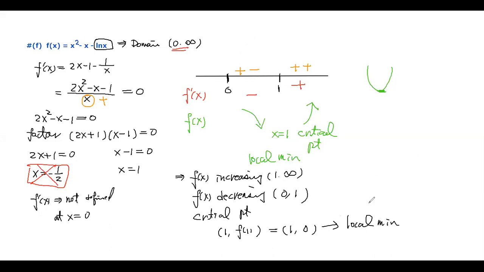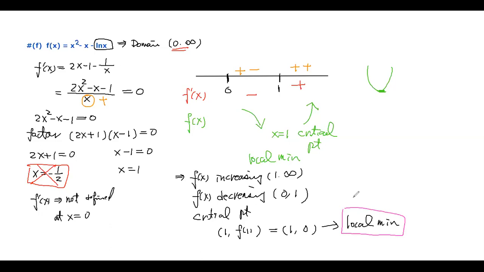And that's it. We did 6 problems, and from all these 6, the method is very, very consistent. You take the first derivative and set it equal to 0, then you factor it to find out what values of x make the first derivative equal to 0.